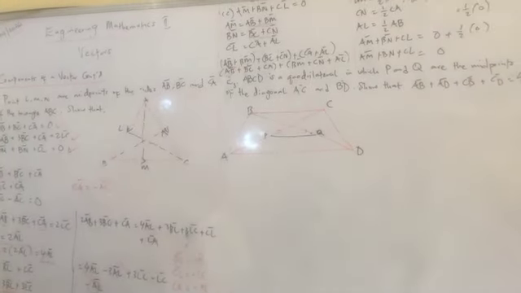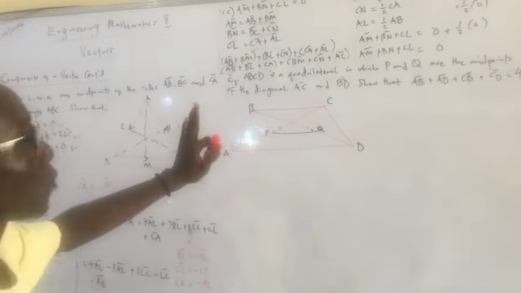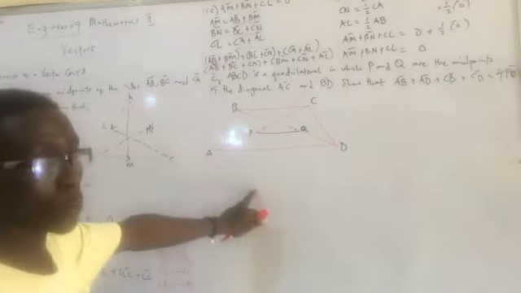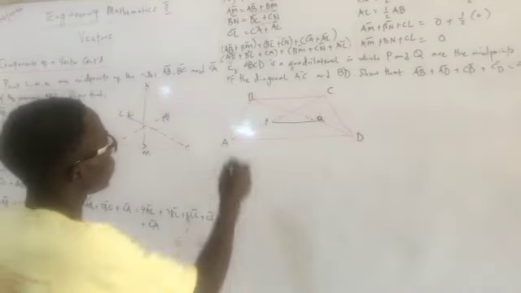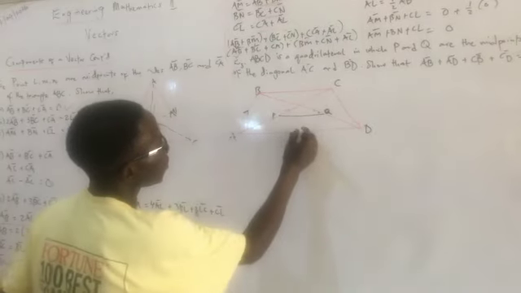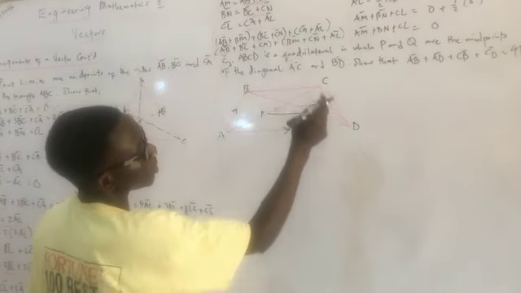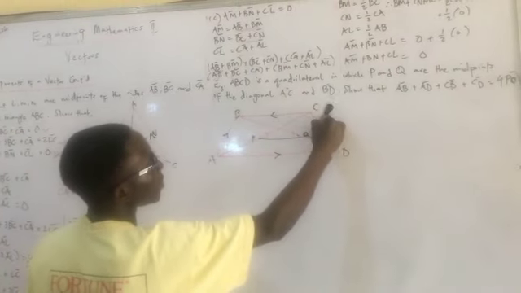So it is said to have represented that equation in a diagram. So the only thing left now is we just have to put our directions so that we don't get confused when we are defining the vectors. So now AB, we put this arrow here, then AD, we put this arrow here, then CB here, then CD here.